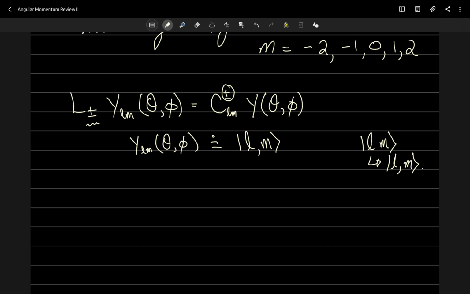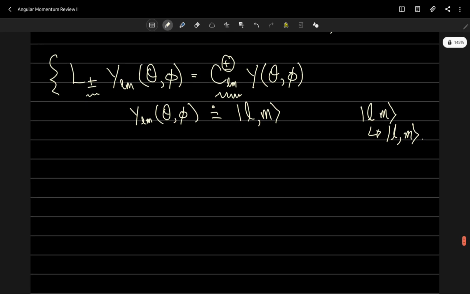From this, our task over here is to figure out what this would be in terms of, of course, L and M. We had the orbital angular momentum, but now we are talking about total angular momentum.